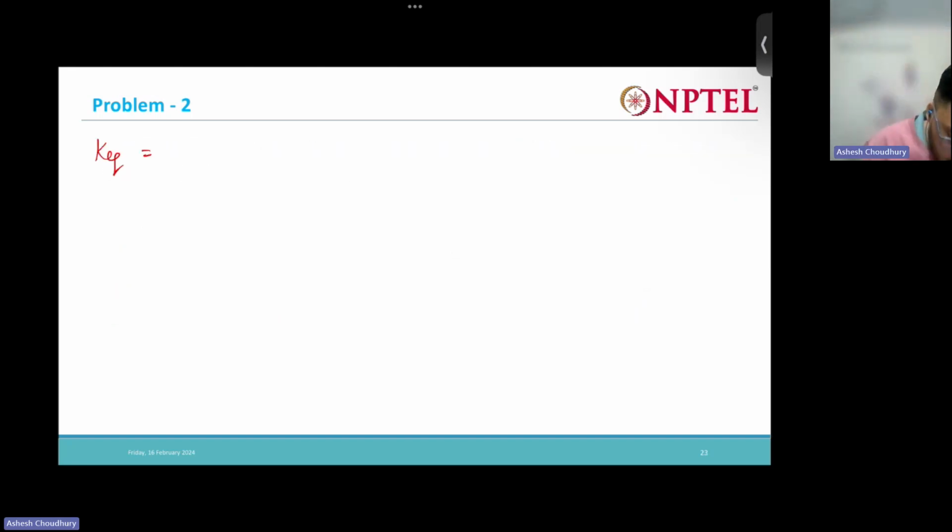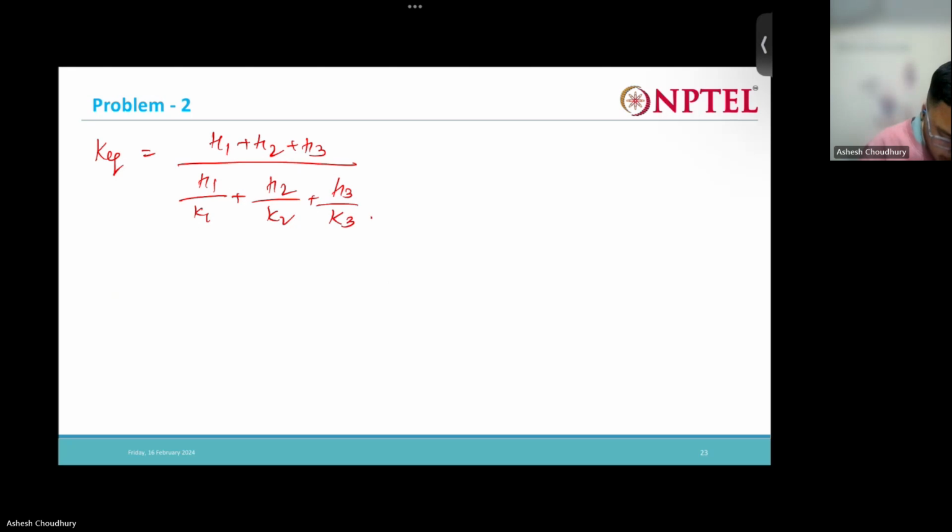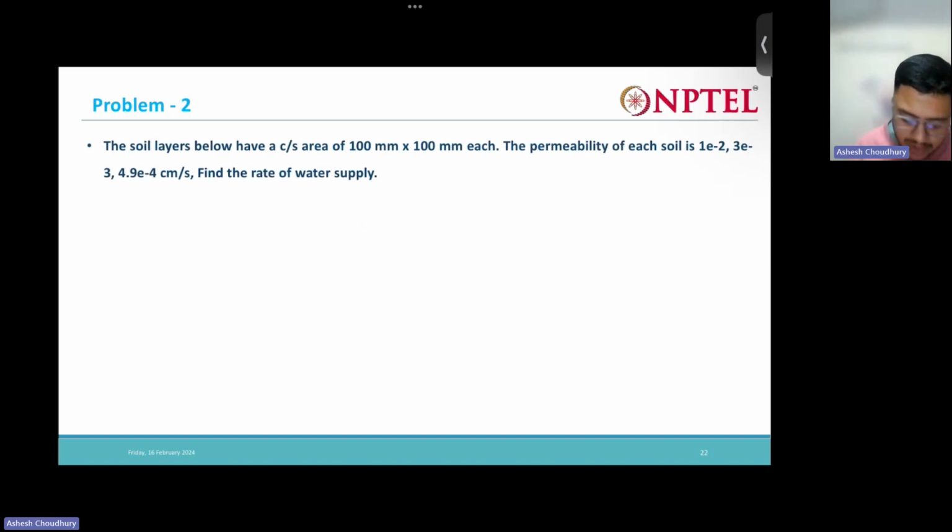So K equivalent is nothing but the same expression, with K3. If we use this, this will come out as 1.2 into 10 to the power minus 3 meter per second. Okay, just put all the given values, you will get the result.